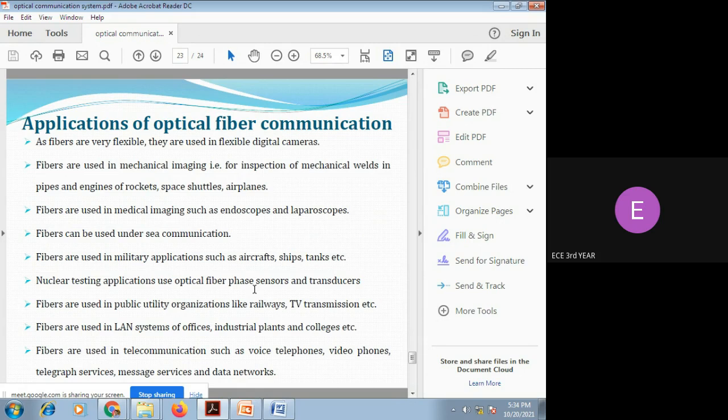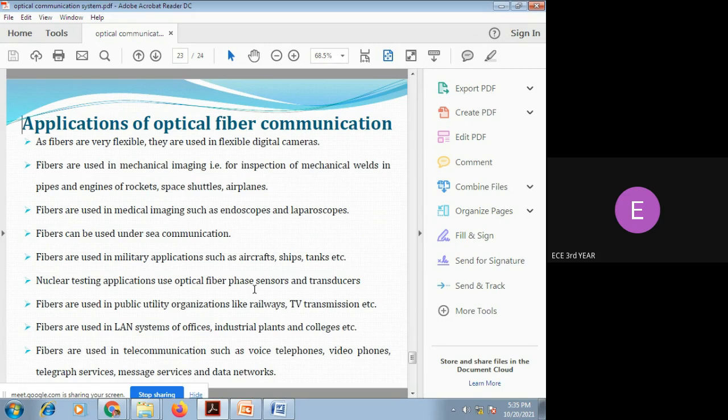Fibers are used in medical imaging, such as endoscopes and laparoscopic systems. Cables are used in sea communication, that is, underwater communication in rivers. Fibers are used in military applications such as aircraft, ships, tanks, etc.